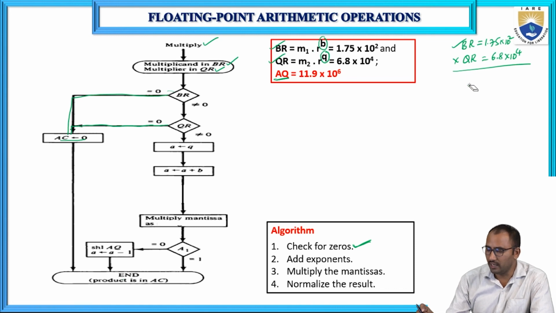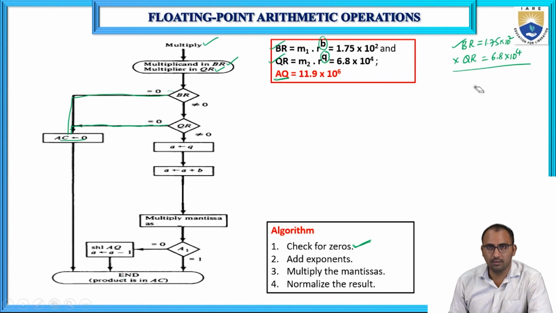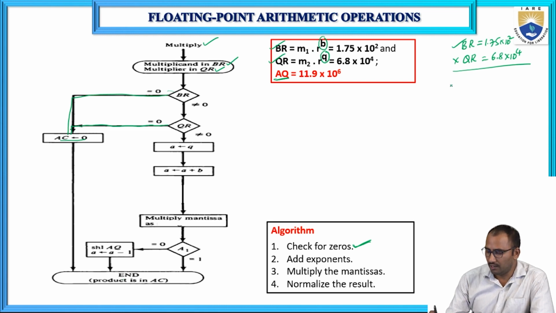So in this case, both the registers are non-zero, that means both have finite values. After checking zeros, if both registers have non-zero values, only then do we proceed to the multiplication. So if B is not equal to 0 and Q is not equal to 0, then add exponents.